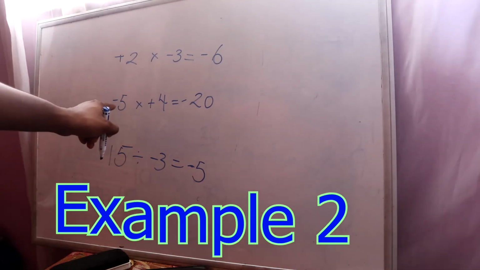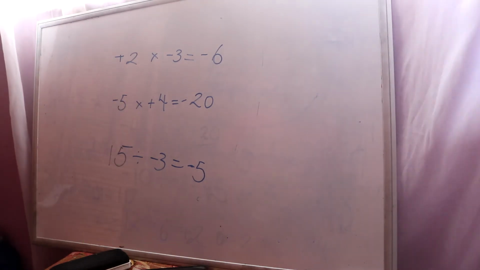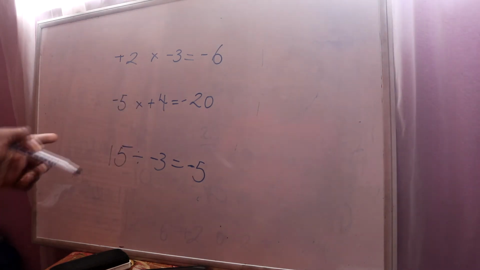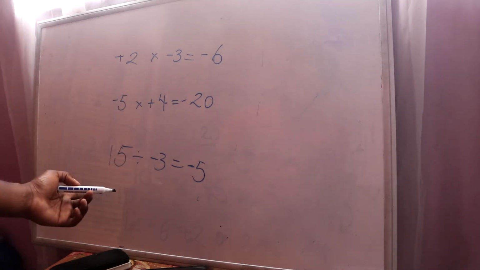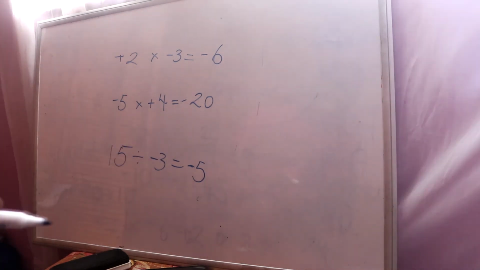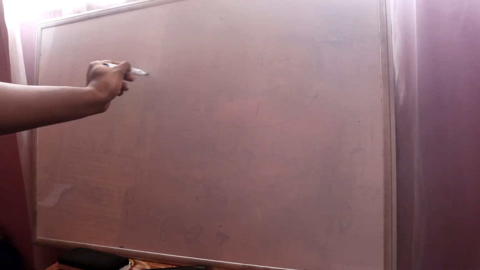Here we have a negative and a positive, two different signs, so our answer again is negative. Here we have a positive 15 being divided by a negative 3, so our answer is going to be negative 5.